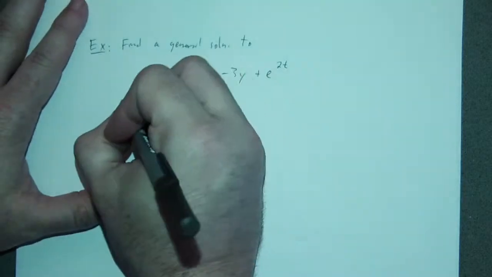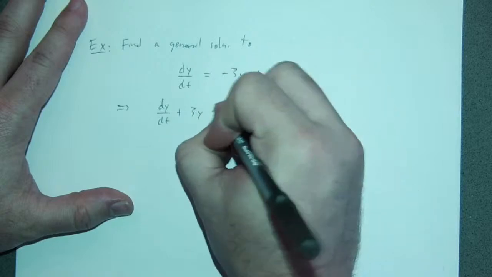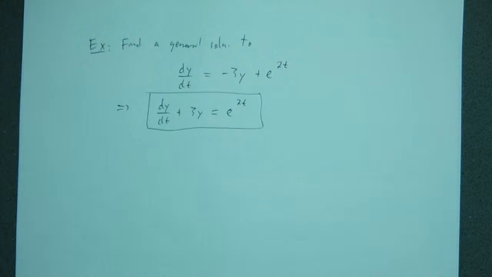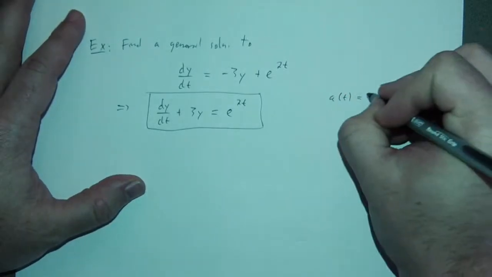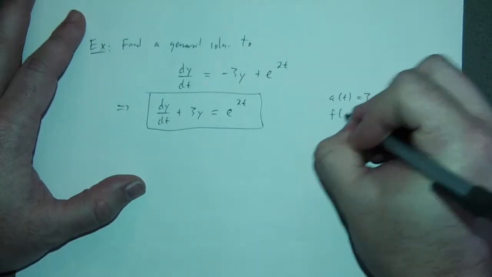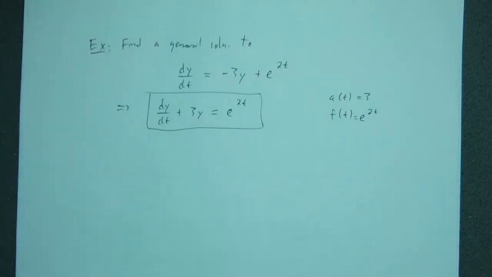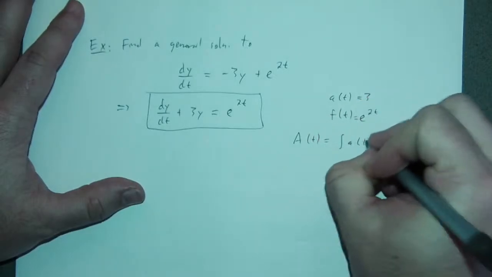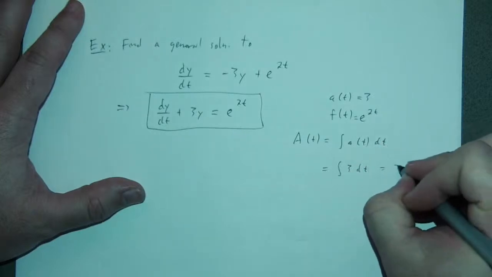Let's put it into linear normal form. This is dy dt plus 3y is equal to e to the 2t. There's my linear normal form. Once it's in this form, I can identify the pieces here. So a of t is the constant function 3. F of t is the function e to the 2t. So big A of t is the integral of a of t dt, so this is the integral of 3 dt. This is just 3t.